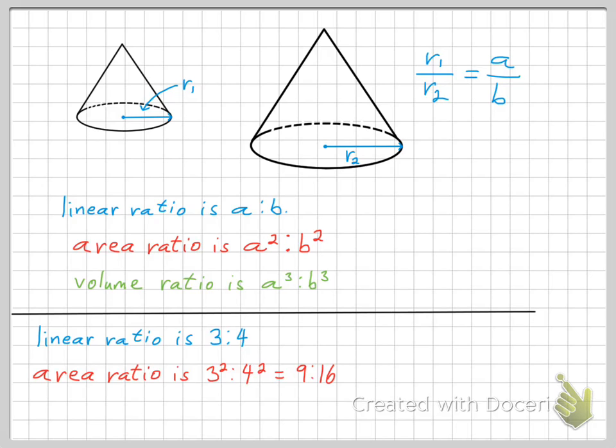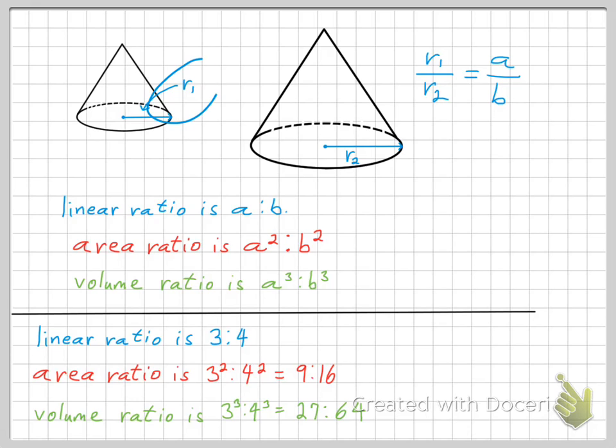And let's say I want to compare now the volume of the smaller object to the volume of the larger object. Again, I could not use 3 to 4 or even 3 squared to 4 squared. I have to use 3 cubed to 4 cubed, which is 27 to 64.